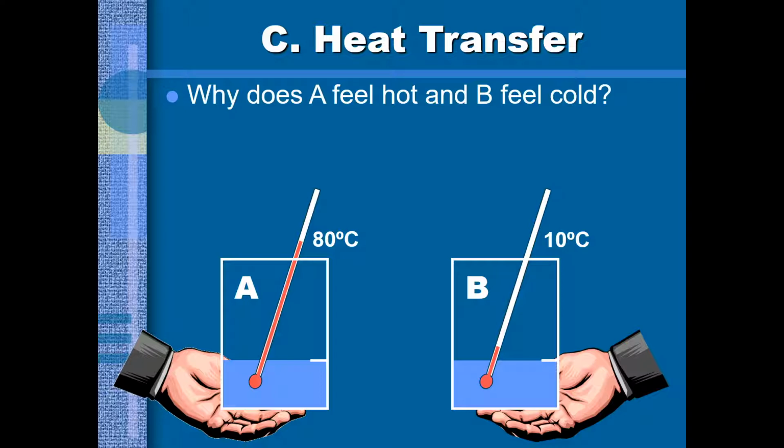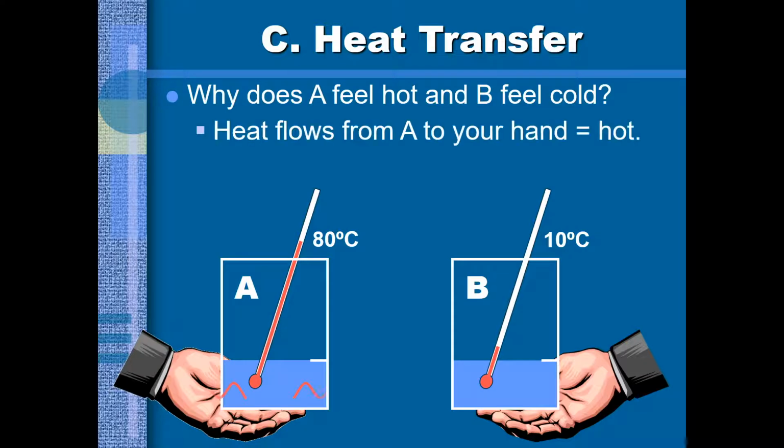So what did I say heat was? A transfer of thermal energy. So how is heat being transferred when you hold A? Exactly. We would feel heat flowing from container A into your hand. If heat is flowing into you, we feel that as being hot. It doesn't necessarily depend on temperature.